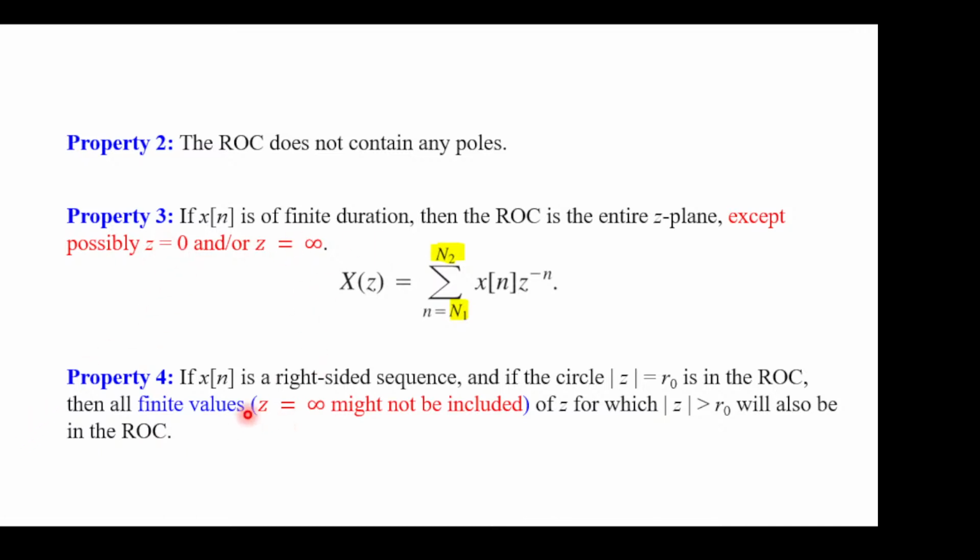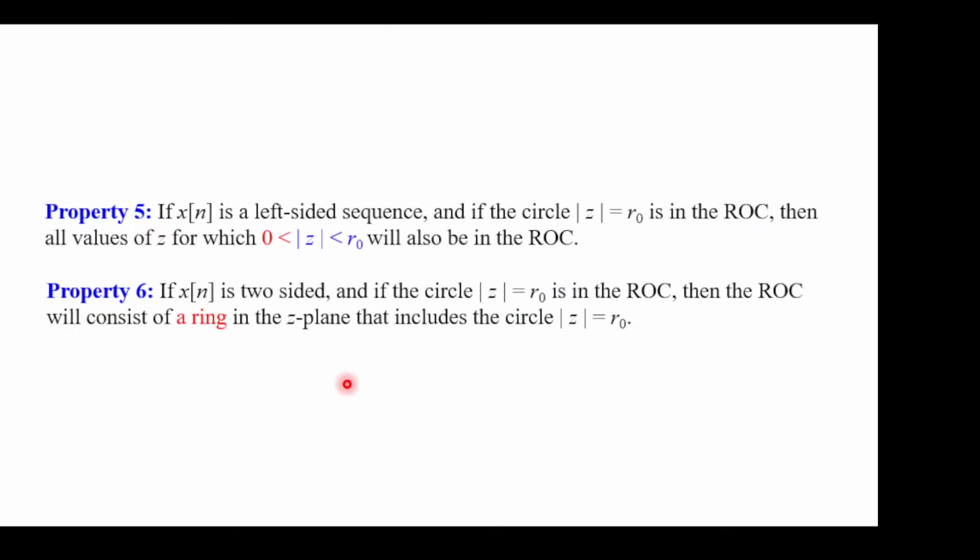Similar to this, it is everything outside, but z equals infinity might not be included. You need to look at the cutoff to see whether infinity is included. And for a left-sided signal, the ROC is inside of something, but 0 might not be included. This part you need to check.